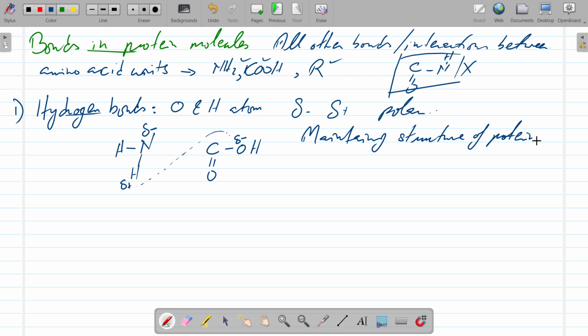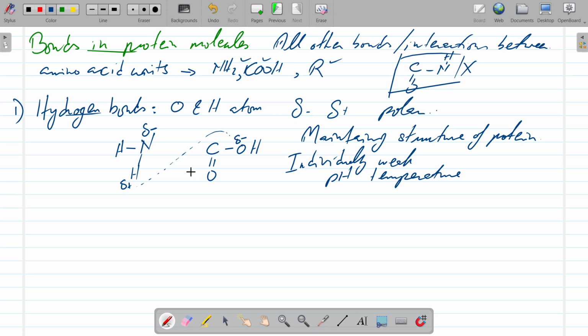Now individually hydrogen bonds are weak, and they are easily affected by pH and temperature, and that's why we know from our IGCSE that proteins are sensitive to pH and to changes in temperature, and one reason is all the bonds that are affected, especially the hydrogen bonds.